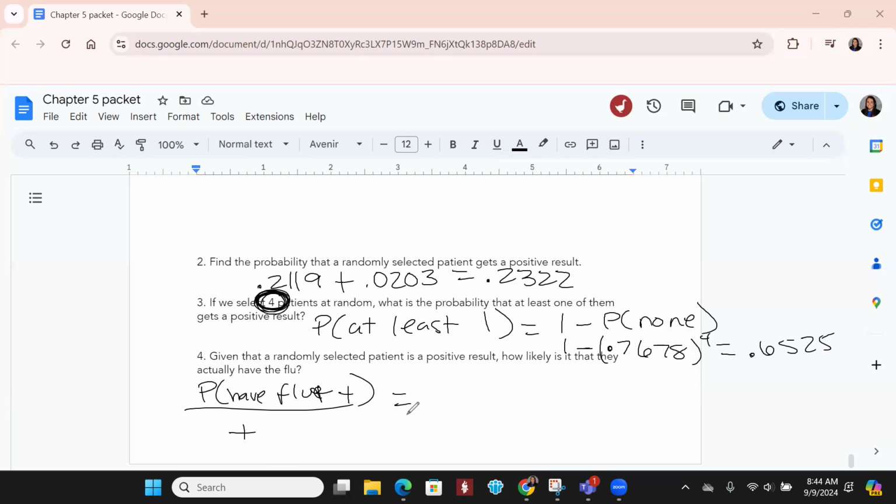So what was the probability of them having the flu and they're positive? Okay, so 0.2119 out of the probability of them having a positive result. We found it in question number 2. Okay, 0.2322. And when we divide that, that's going to be 0.913.